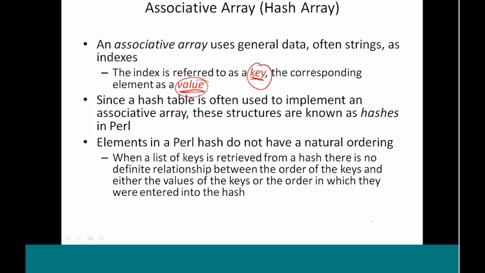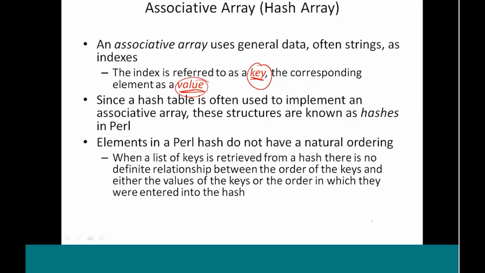And so the other result from that is that the elements in the Perl hash do not have any natural ordering. There is no relationship between each of the keys or each of the indexes in the associative array, whereas in a regular array, as you know, the numerical values are incremented one at a time, starting from 0, where we don't explicitly specify the index itself.